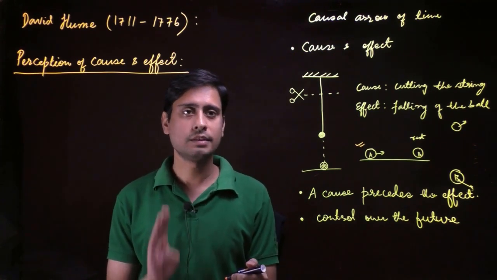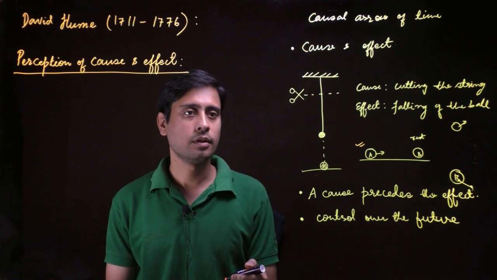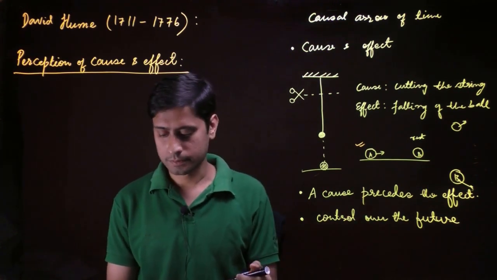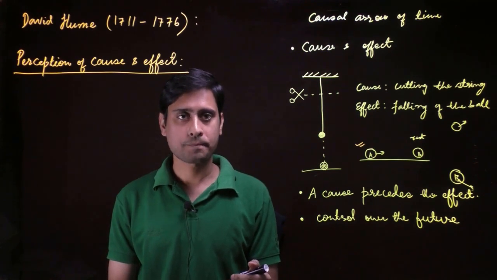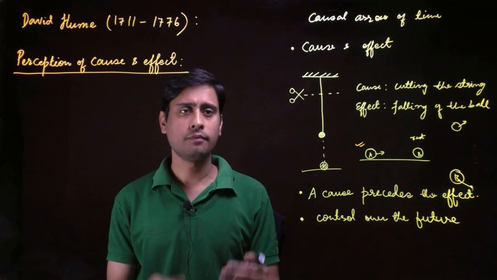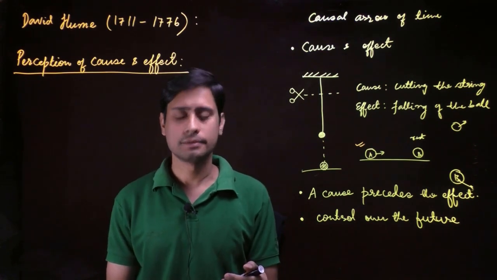If you have never seen any collision, then you will not know what will happen after they collide. So they come into existence only after we form the mental habit.